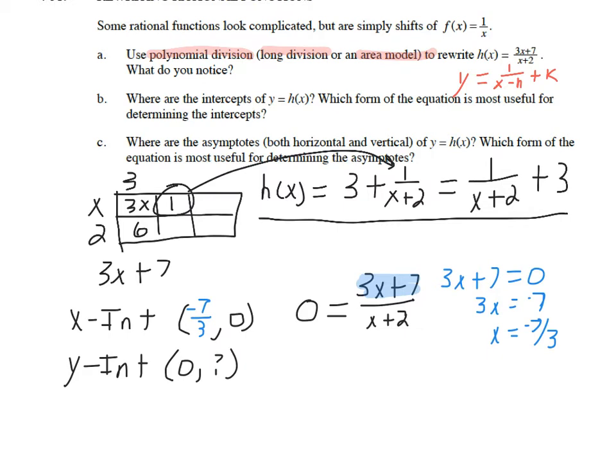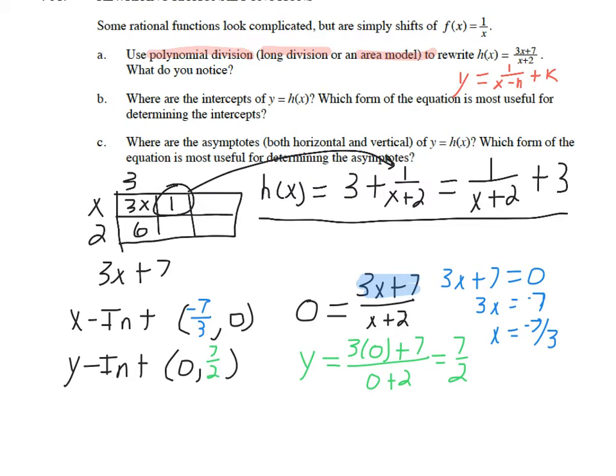So I'm going to take h of x, or let's just call it y, equaling 3 times 0 plus 7 over 0 plus 2, which comes out to be 7/2. So my y-intercept is going to be 0, 7/2.